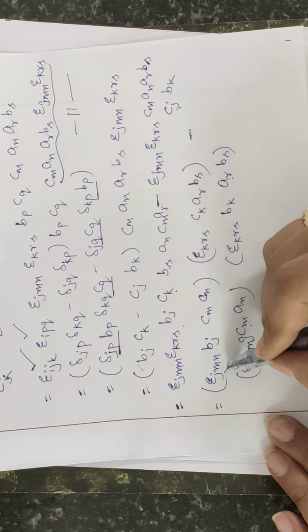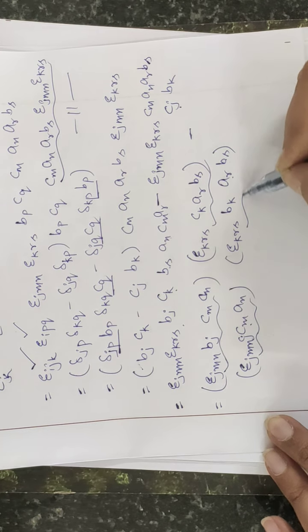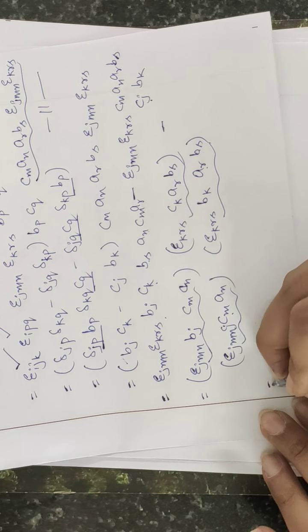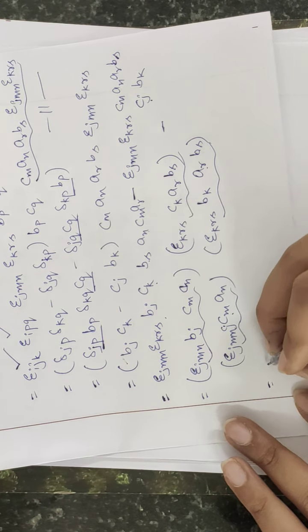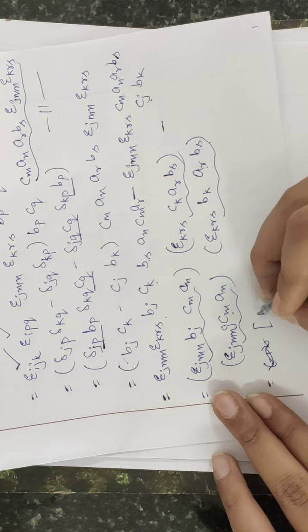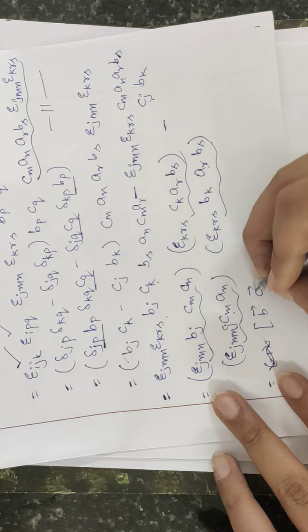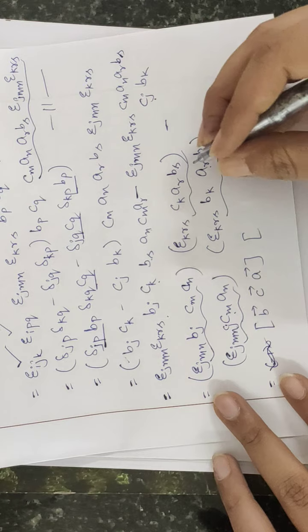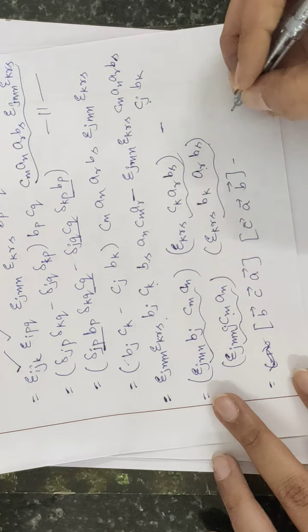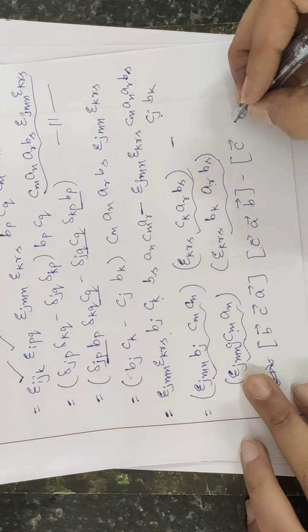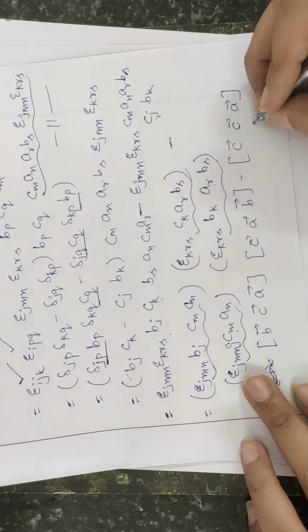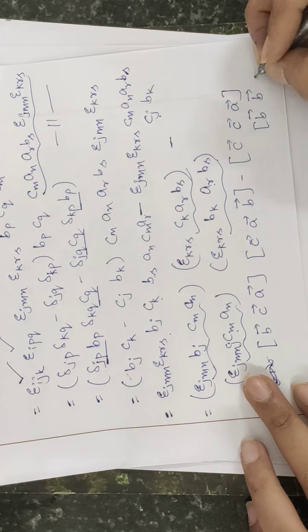Now we know that these terms are nothing but your scalar triple product, right? So I can write this, I will take the minus outside. Before that, let's write the thing as it is. So this is nothing but [b, c, a] into [c, a, b], minus [c, c, a] and [b, b, a].